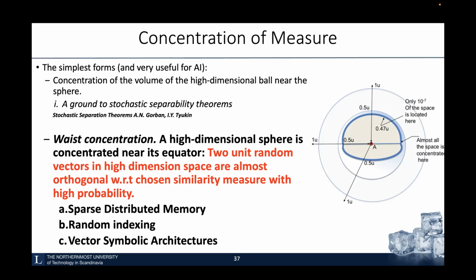But then there is this interesting property with respect to this measure of similarity and the dimensionality. The mathematics tells the following. You randomly generate a pattern of certain dimensionality.